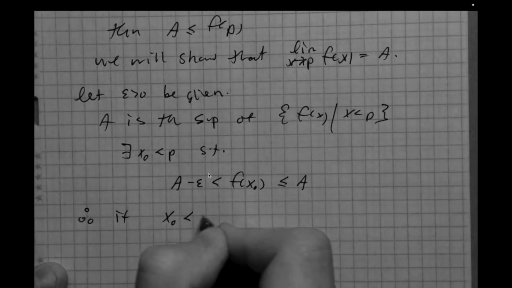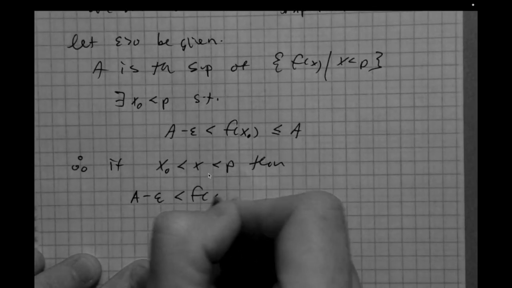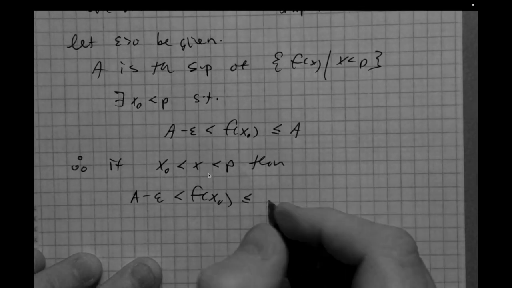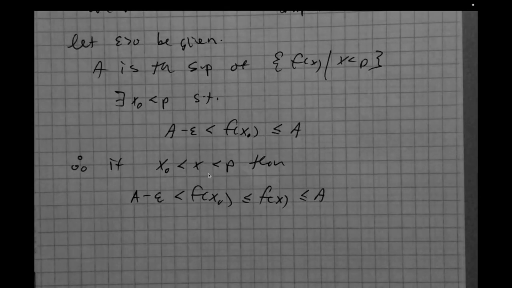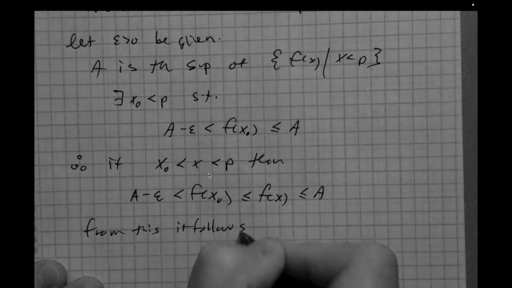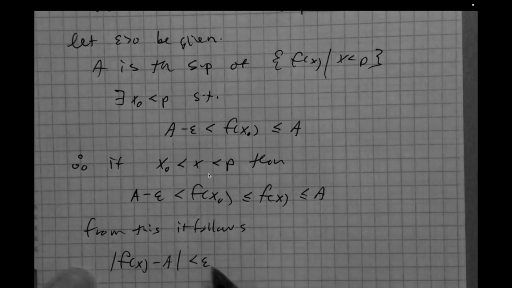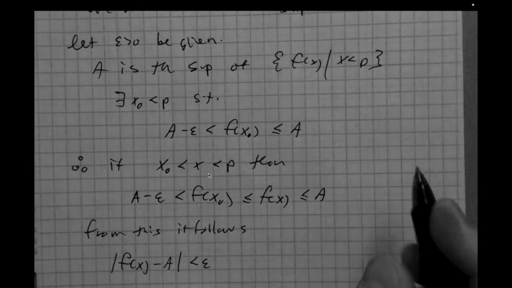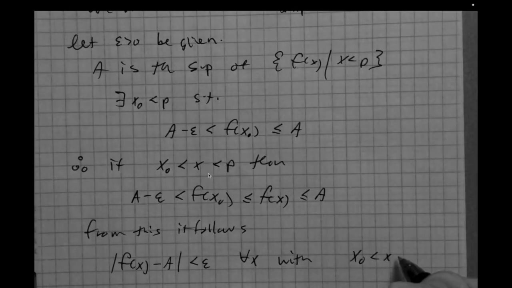And so therefore, if x naught is less than x, which is less than p, then A minus epsilon will be less than f of x naught, which will be less than or equal to f of x, which will be less than or equal to the supremum of the set. And from this, it follows that the absolute value of f of x minus A is less than epsilon for all x wherever x naught is less than x, which is less than p, right?